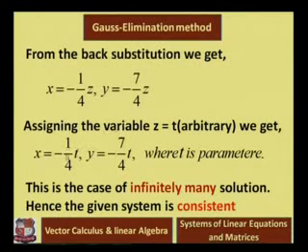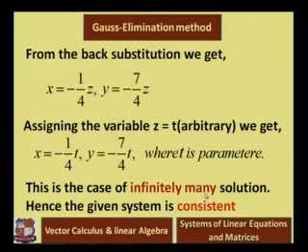For the solution, we take any z is equal to t, an arbitrary value, and we get the solution x is equal to minus 1 by 4 t, y is equal to minus 7 by 4 t, where t is any free parameter. T is also known as the free variable or parameter. And this is the case of infinitely many solutions.